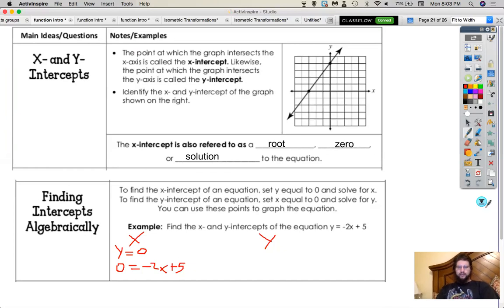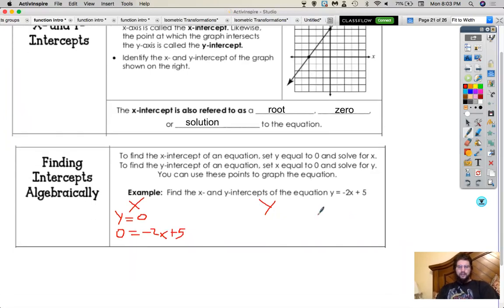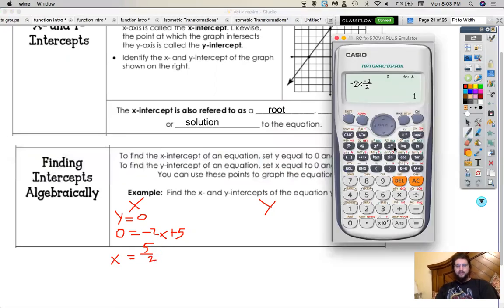From there, you can tell me that x equals 5/2, however you want to do it. You can actually do math, you can take it in a calculator, whatever. Yep, 5/2.